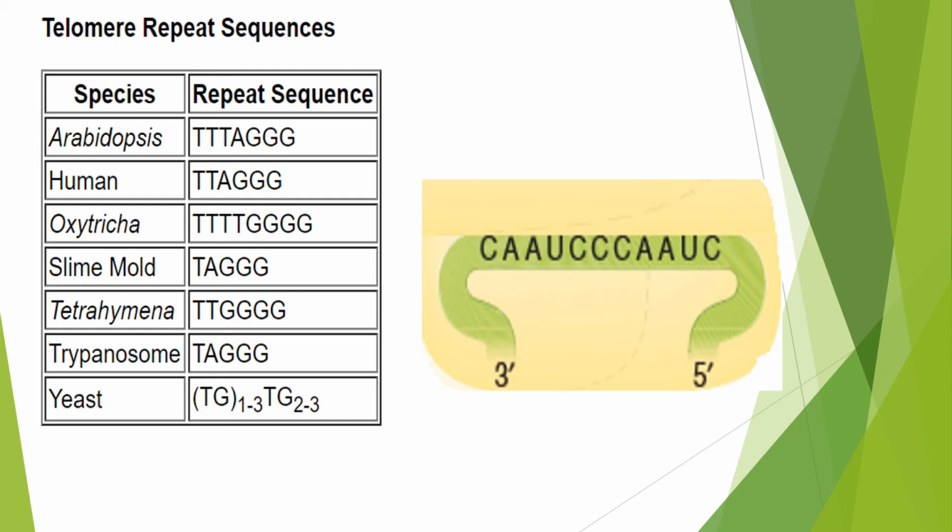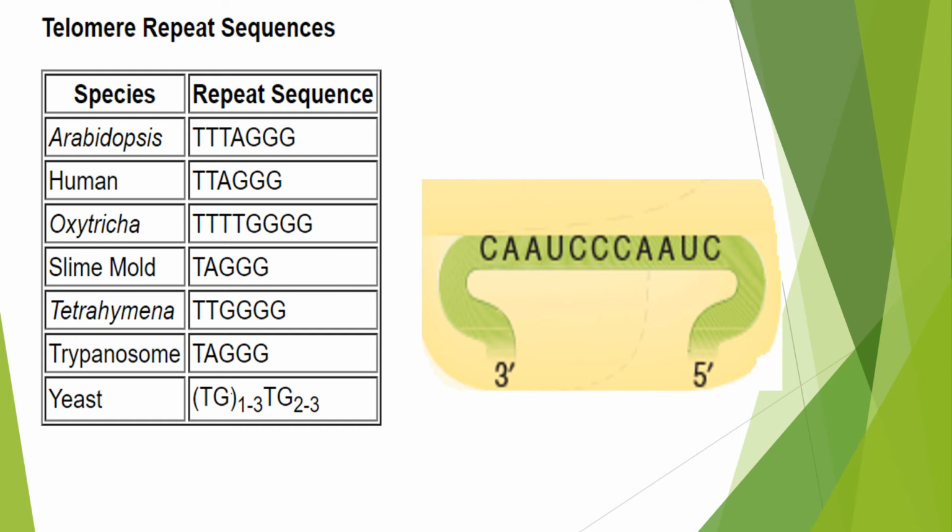So let us understand this process. Before that, I would like to show you some conserved sequences in different organisms. The first one is in Arabidopsis, we have the sequence TTA-GGG. In human beings, it is TTA-GGG. Other organisms are also having their own, and this is the structure of the enzyme telomerase.